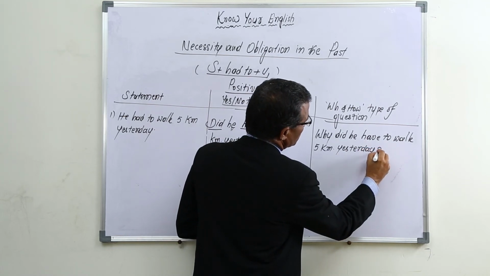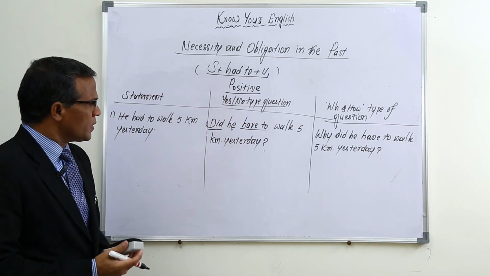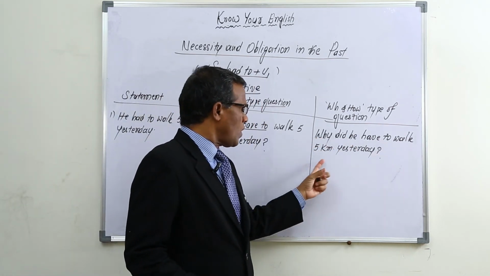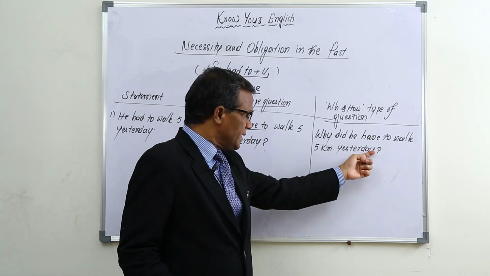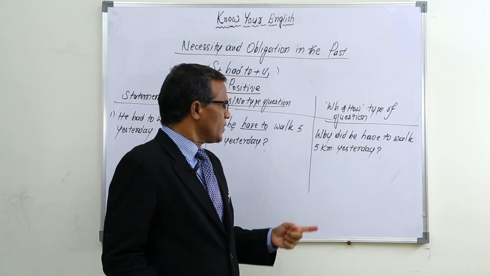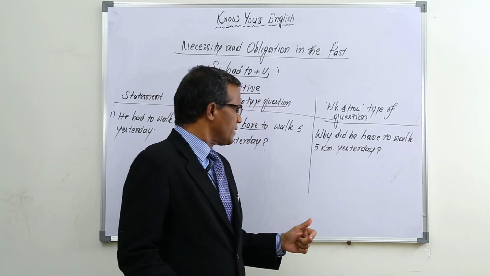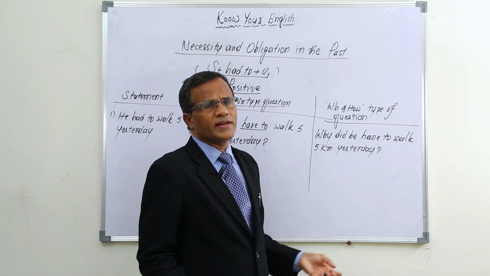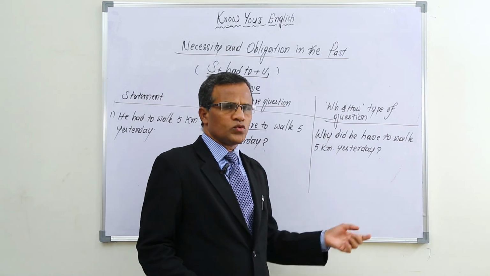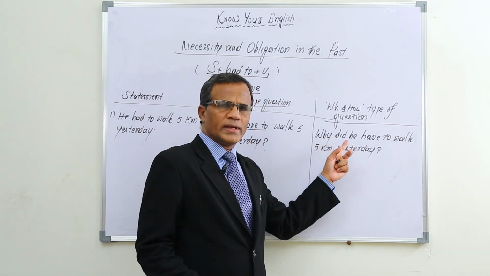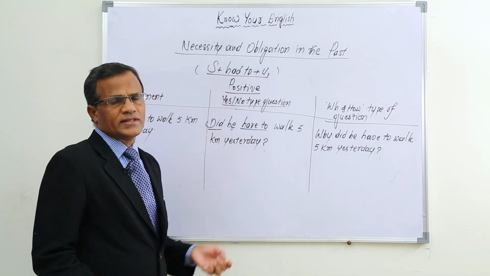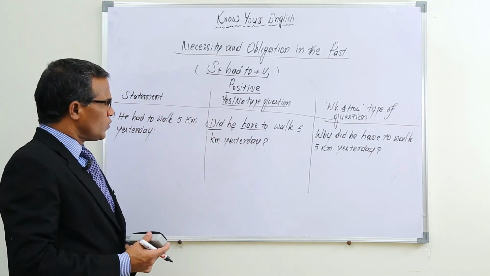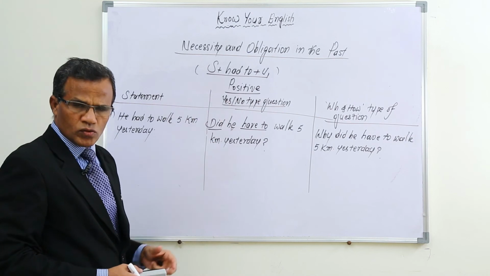Such a way we can put a question. And in the same way, if you want to take where did he have to walk? Where did he have to walk yesterday? When did he have to walk 5 kilometers yesterday? Like that, if there is any necessity of using WH words, you can use them just before this yes or no type question. And this is the way of framing questions in positive way.